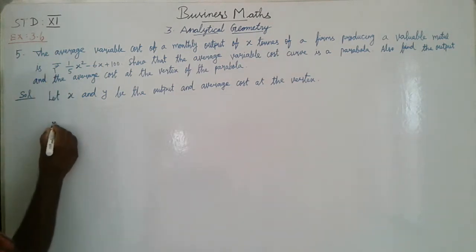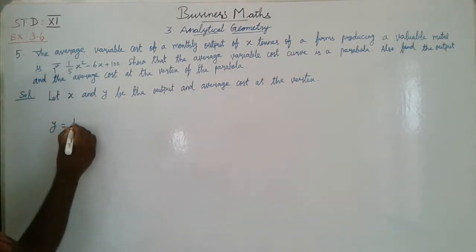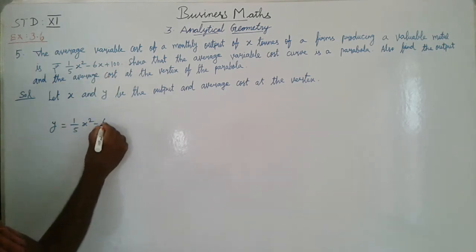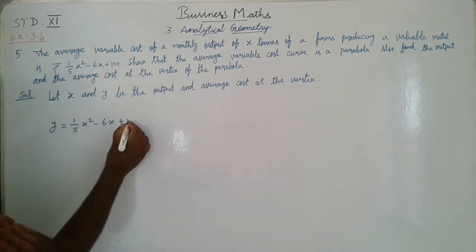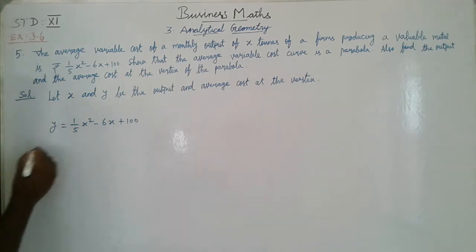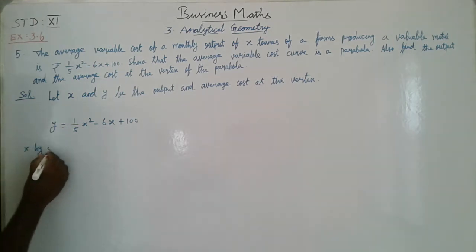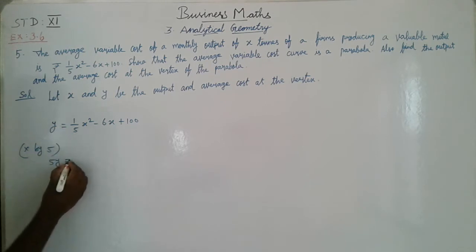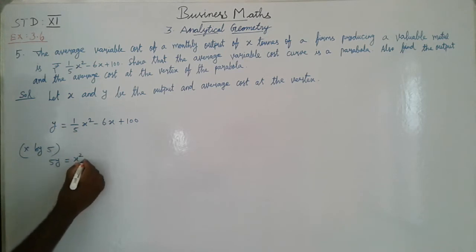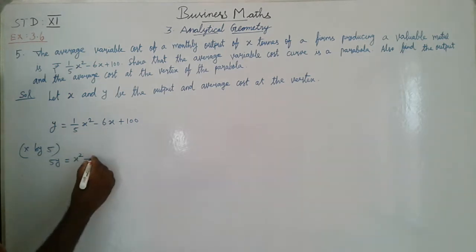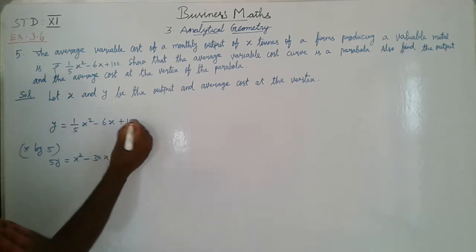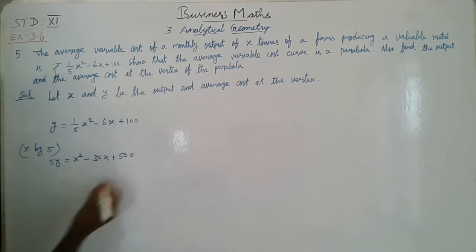So y equal to 1/5 x square minus 6x plus 100. Multiply by 5: 5y equal to x square minus 30x plus 500.